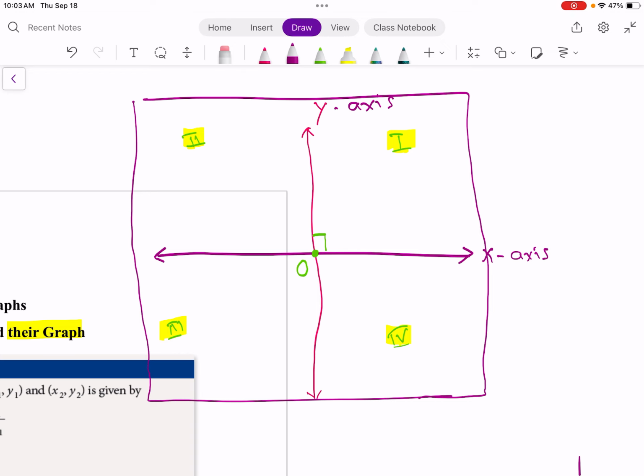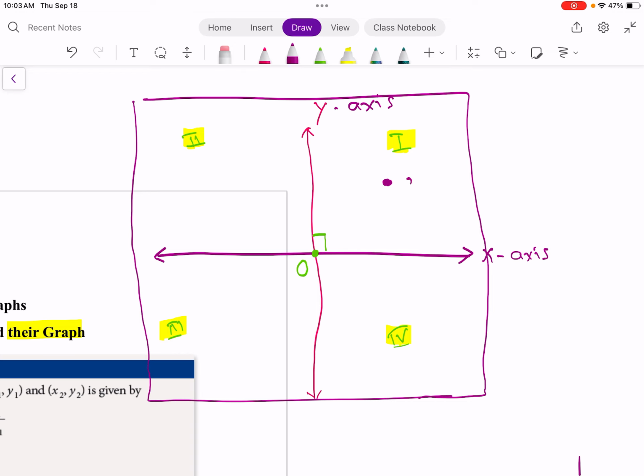Now, let's take a point somewhere. Let me take this point. How do we represent this point on a Cartesian coordinate system? We use an ordered pair. An ordered pair means you have two elements.